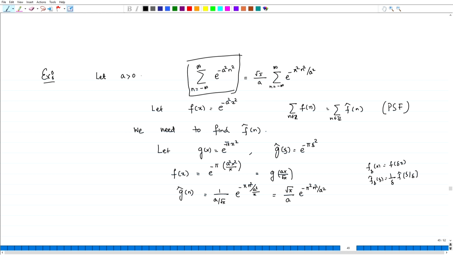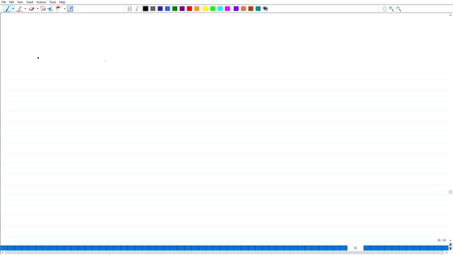Okay. And similarly, another number theory application is to find the value of the sum over n from minus infinity to infinity of 1 by n square plus a square.